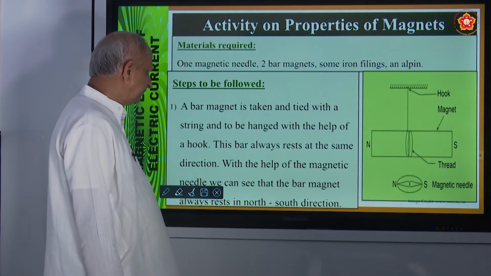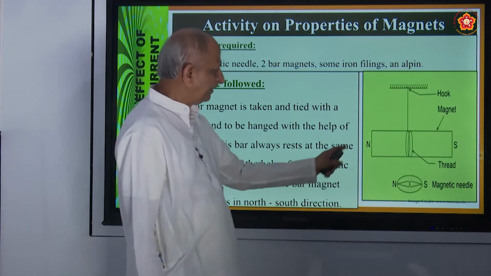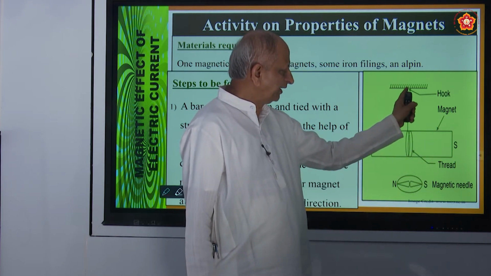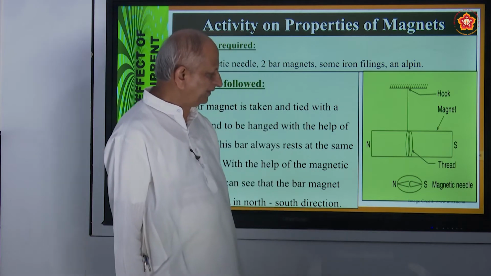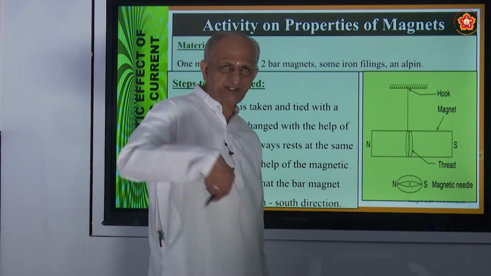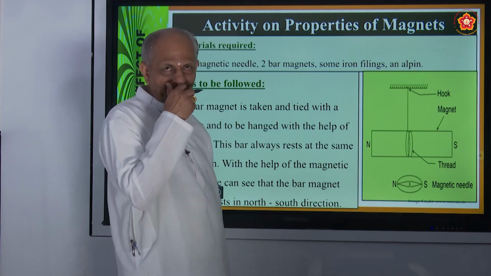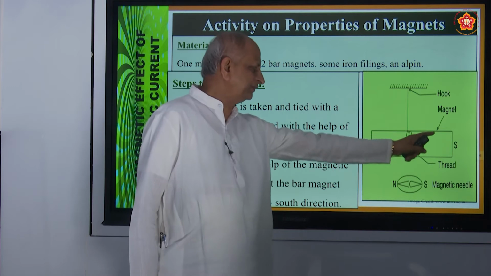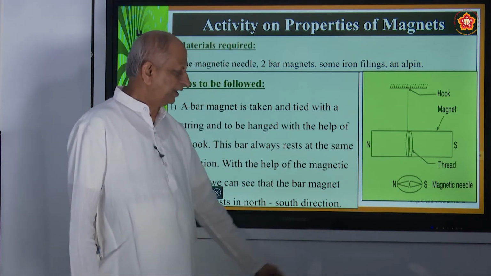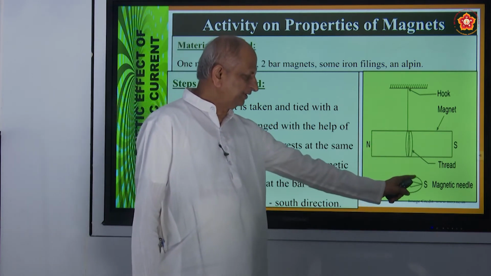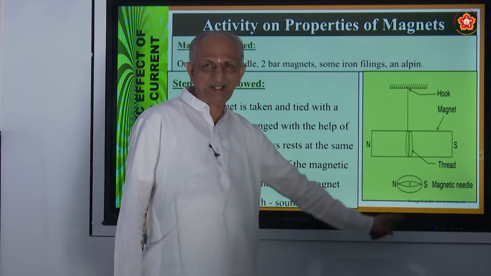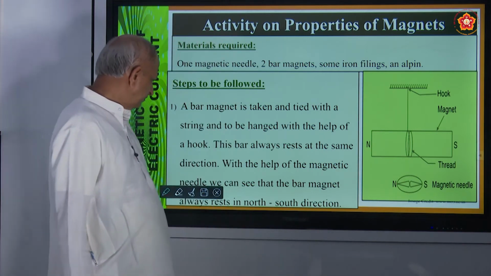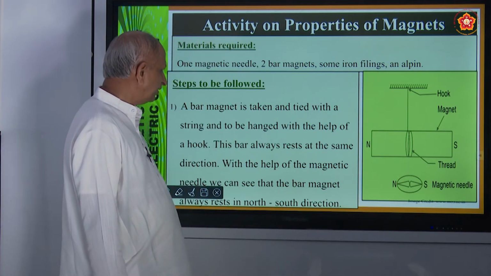The bar magnet, so this is what is called a bar magnet, tied with a string, and attached to a hook. What happens? If you rotate it any number of times, it comes to rest in north and south direction. How do you know? That can be seen by what is called a magnetic needle. So this is a magnetic needle which shows that a magnet comes to rest in north-south direction.